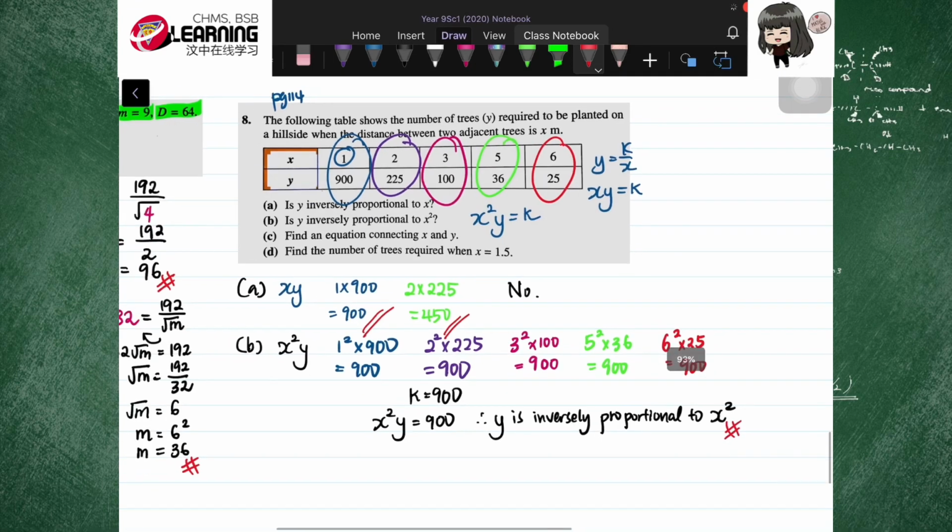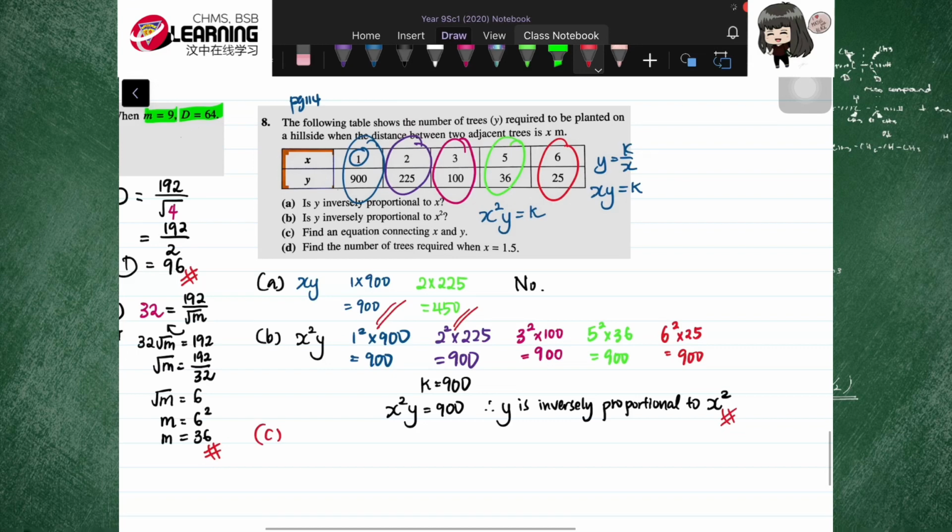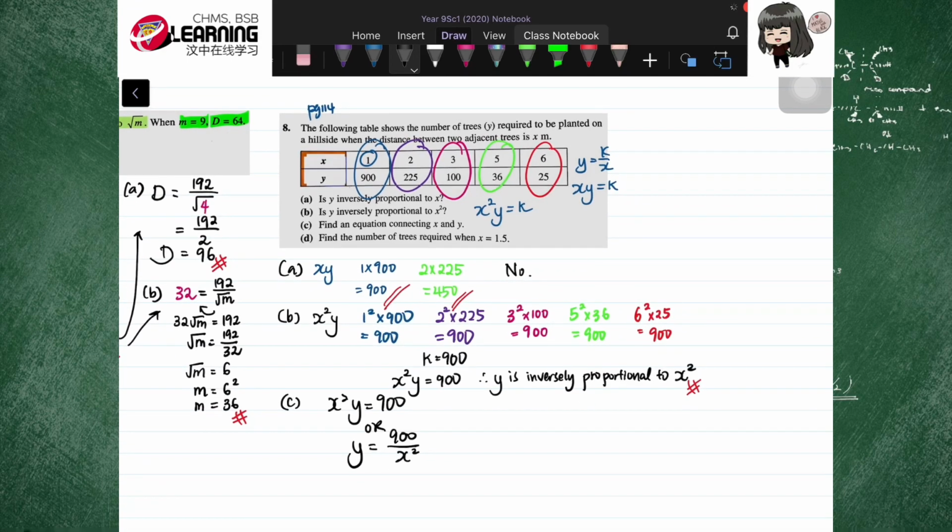Now part C. Find an equation connecting x and y. We found it already just now. I already wrote it down for you. x squared y equals 900, or y equals 900 over x squared.